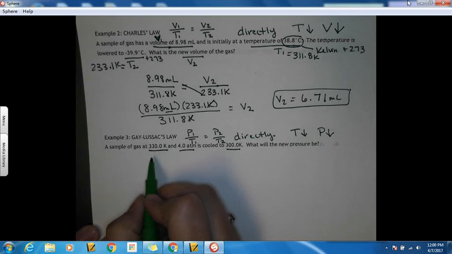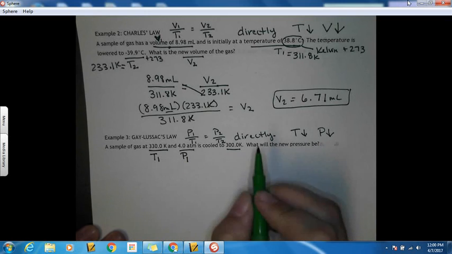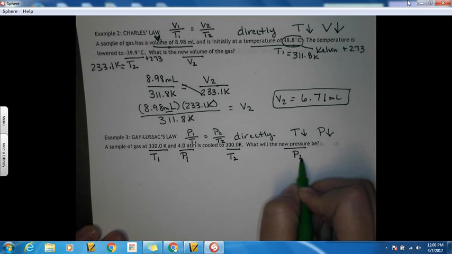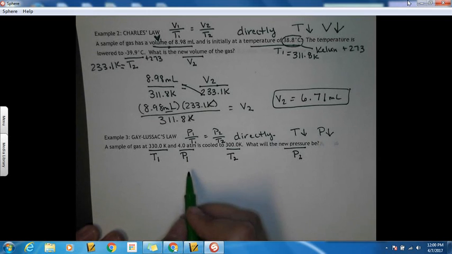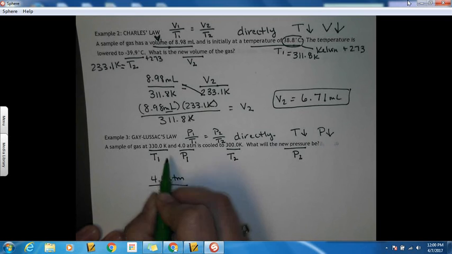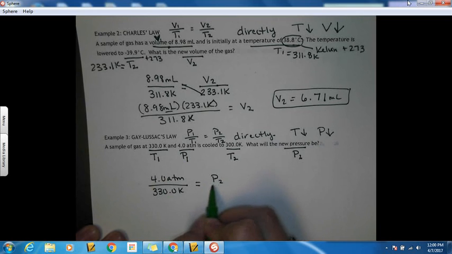So we'll plug in. So this is our initial temperature, this is our initial pressure, and then this is our final temperature, what will be our new pressure. So we'll plug those in. So we have 4 atmospheres divided by 330 Kelvin is equal to our new pressure over 300 Kelvin.